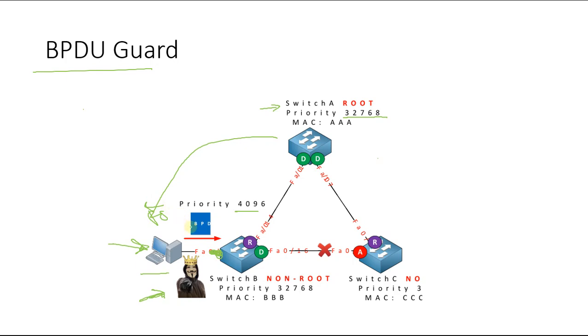Once it receives a BPDU packet, it will change from an edge port to a non-edge port. As a result, the switch will recalculate STP, so the root bridge will move to the hacker PC.